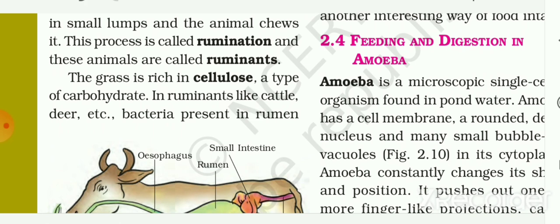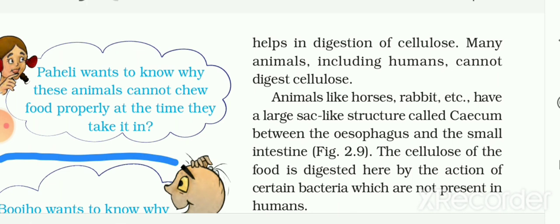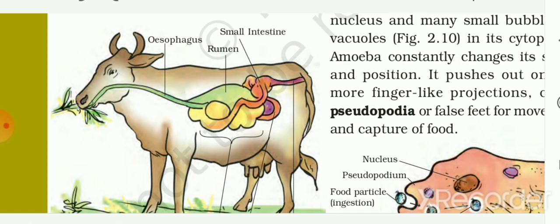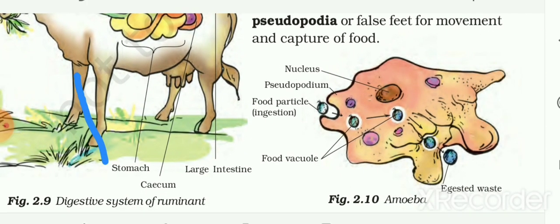In ruminants like cattle and deer, bacteria present in the rumen help in the digestion of cellulose, and many animals including humans cannot digest cellulose. So that's why we cannot digest cellulose. Here in the figure, the positions of the rumen, esophagus, small intestine, large intestine, stomach and caecum are shown to you.